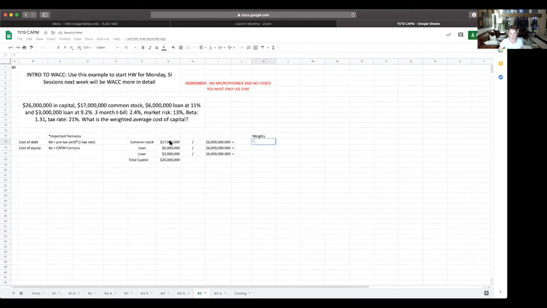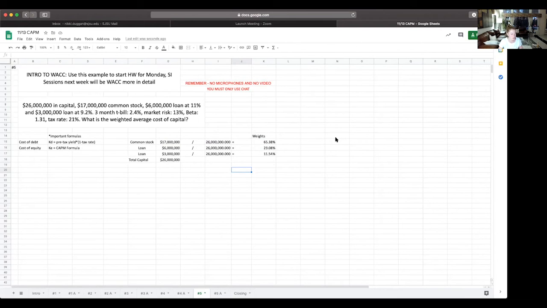Again, the way I do it is you just reference each cell because it will automatically change. Now we don't want it in dollars, we want it in percentage. So we can see that the common stock makes up over 65% of the total capital. Your first loan makes up 23% and your second loan makes up 11%. So those are your weights.